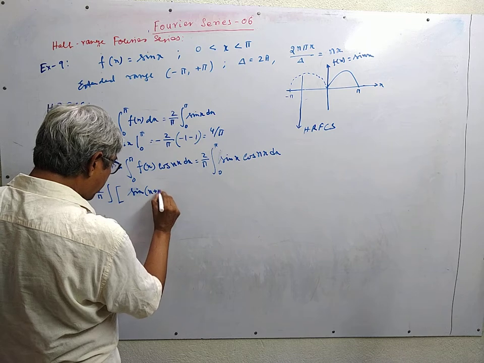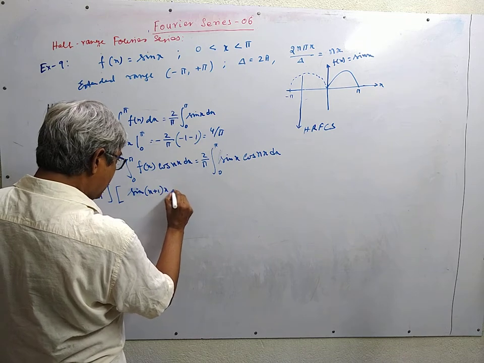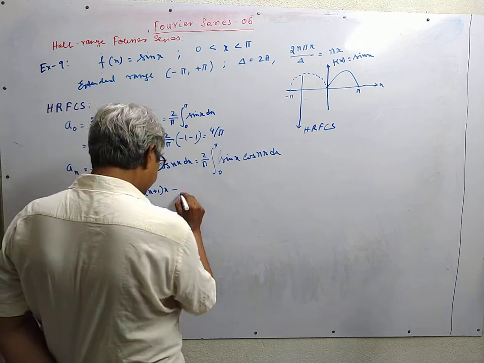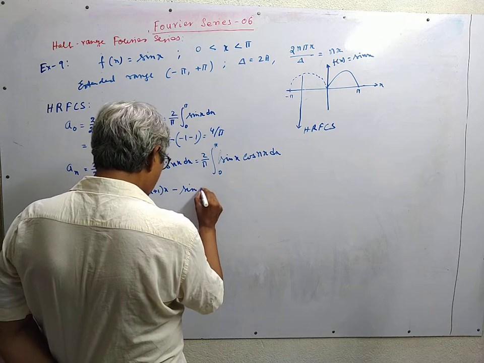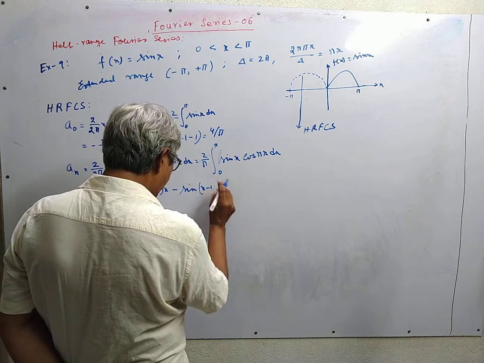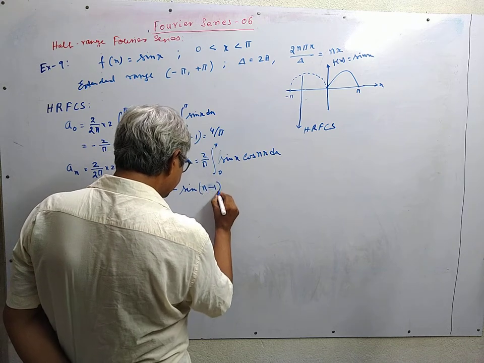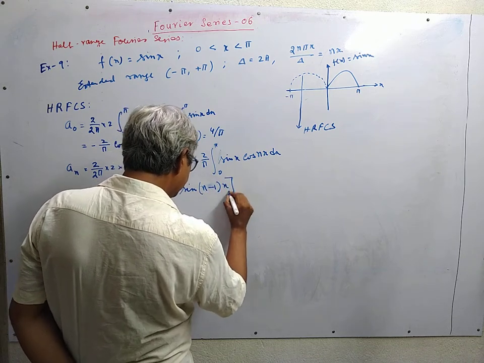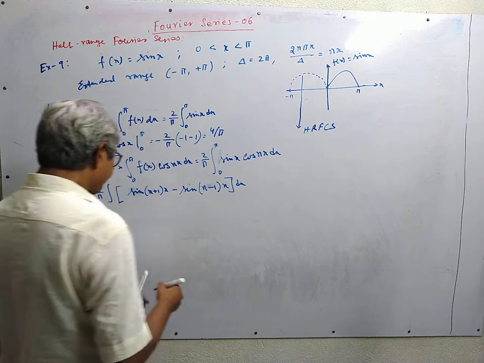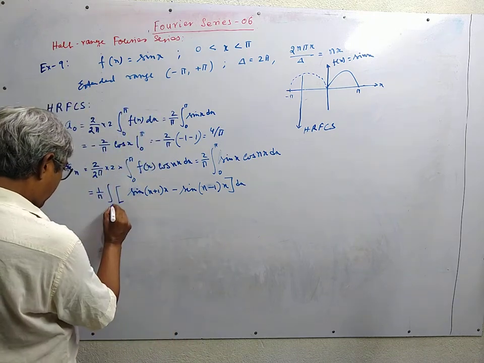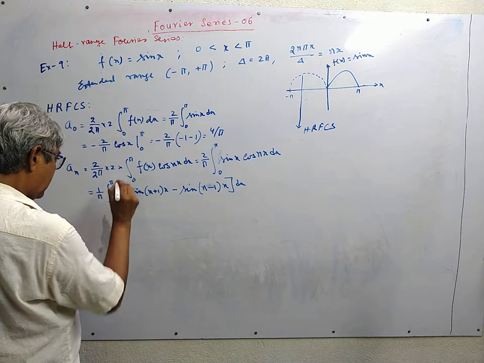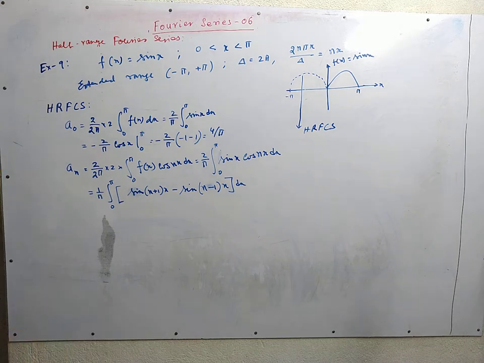sine of n plus 1 x minus sine of n minus 1 x. So this is the cosine part, an part.